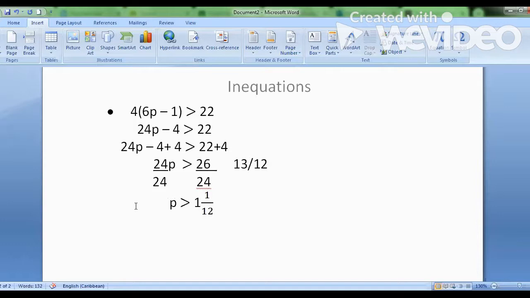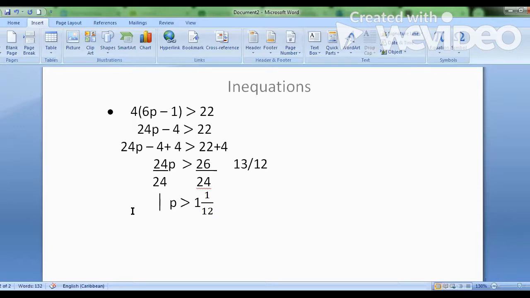Come again. Okay, so you say 4 times 6 is 24, 24p minus 4 greater than 22. Is it that you use the 4 that is outside the bracket? Right there? I'm lost, sir. I answer 4 times 1 is 4.